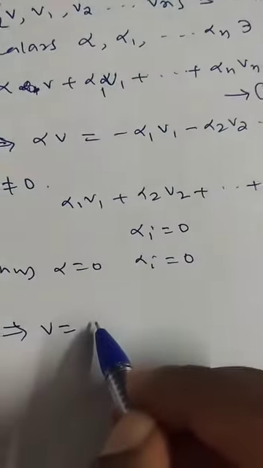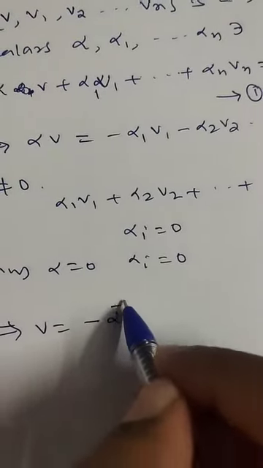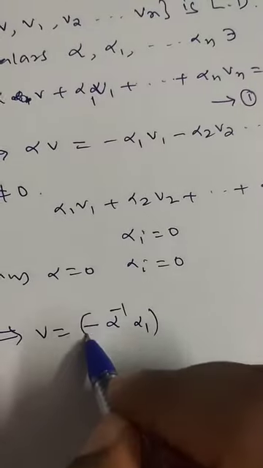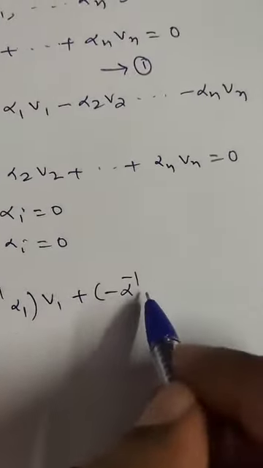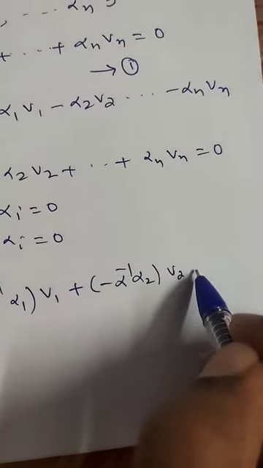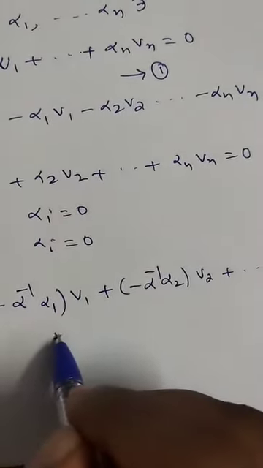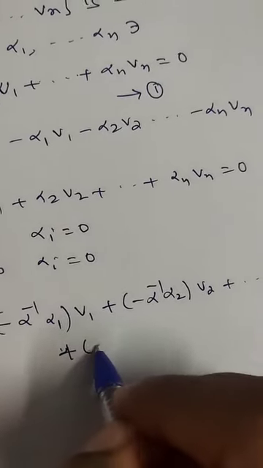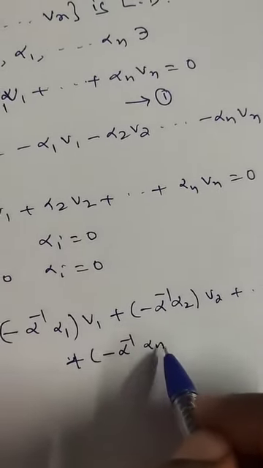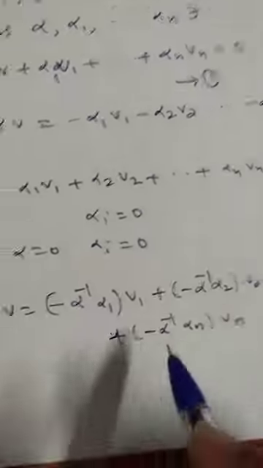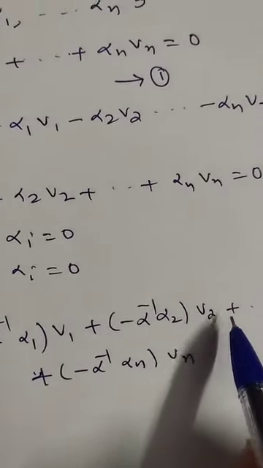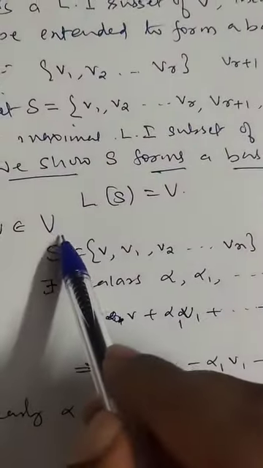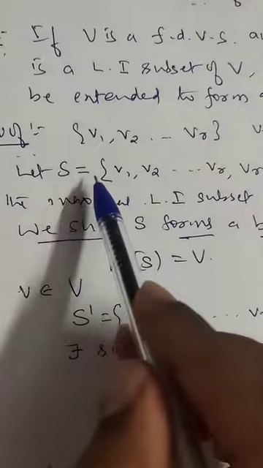So this becomes minus alpha inverse alpha 1 v1 plus minus alpha inverse alpha 2 v2 and so on. The last element is minus alpha inverse alpha n vn. Thus the element v has been written as a linear combination of v1, v2, etc., vn, which means v belonging to V is a linear combination of elements of S.